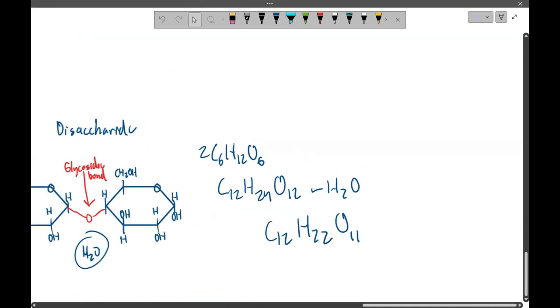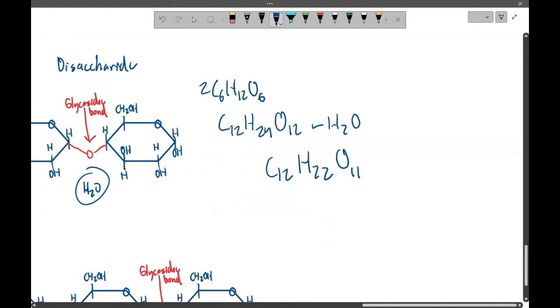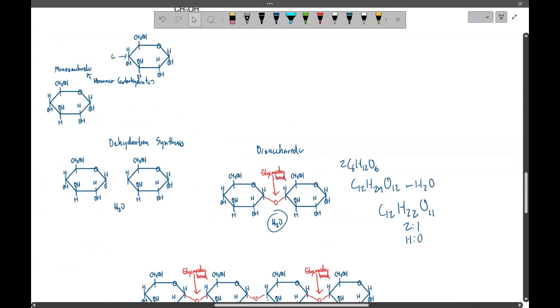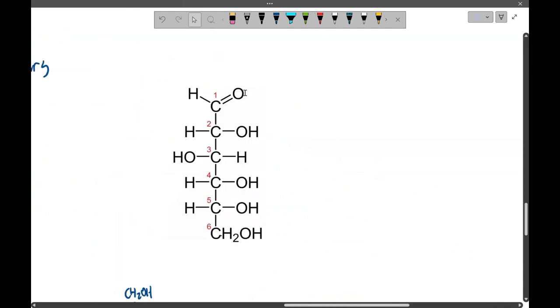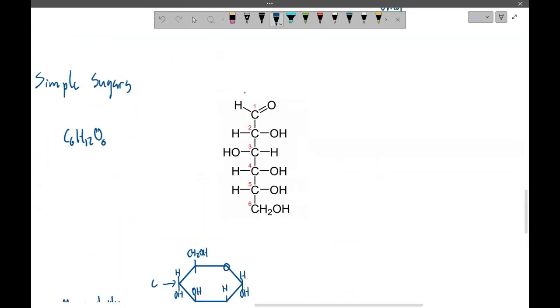Now note that the hydrogen will always be in a 2-to-1 ratio with the oxygen. So no matter what, it's going to be in a 2-to-1 ratio, hydrogen to oxygen. And that's actually a good way to identify simple sugars as carbohydrates, because you see these carbons and you see them surrounded with an H and an OH.